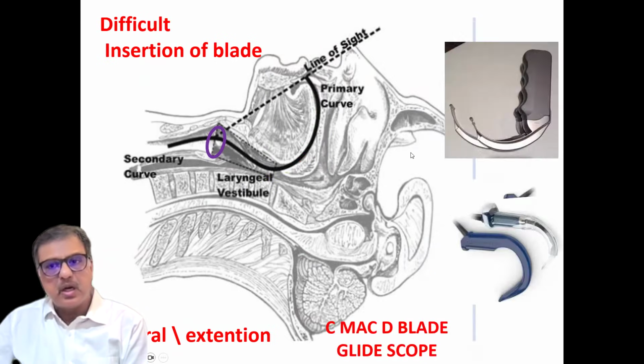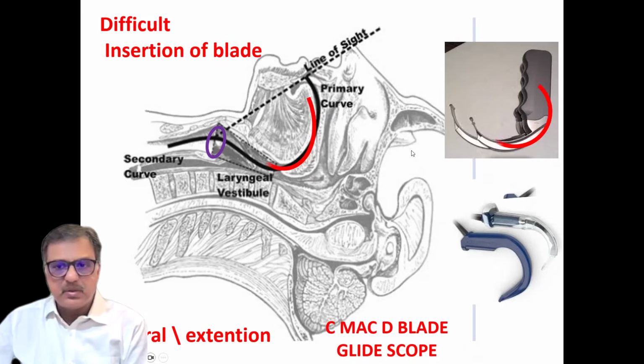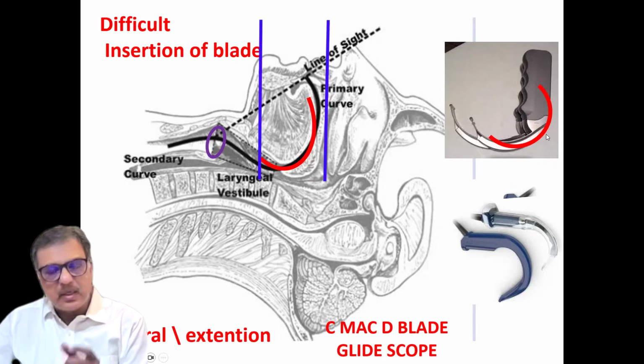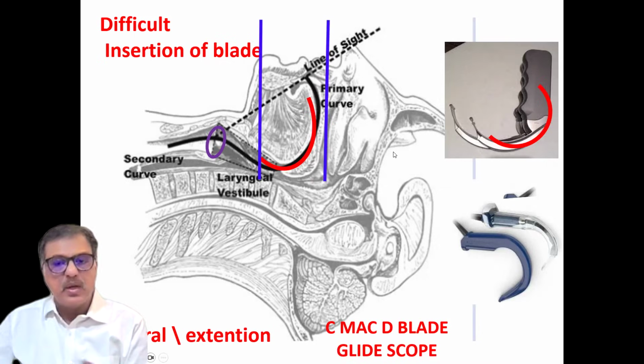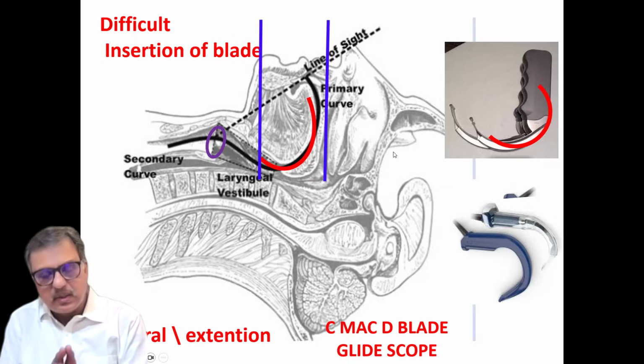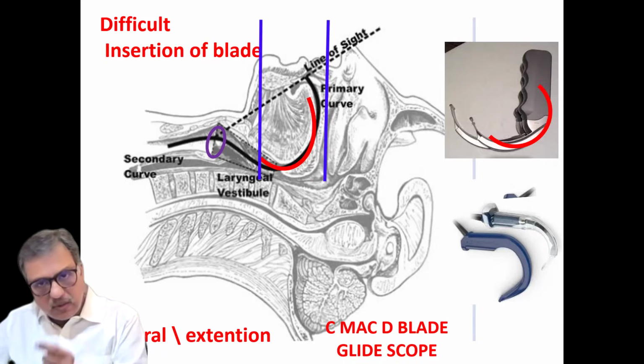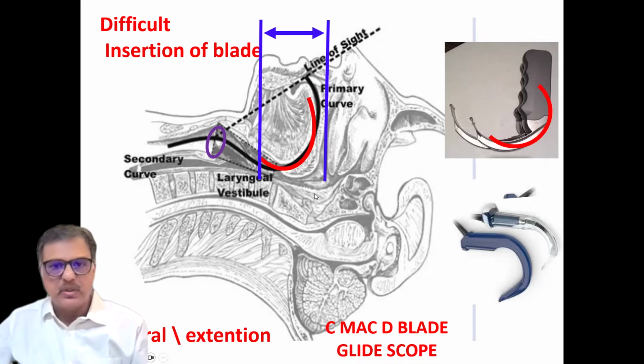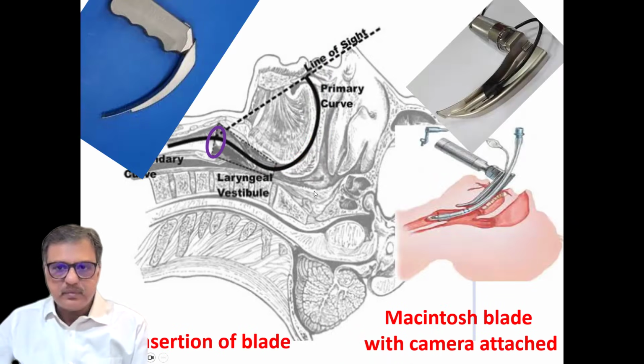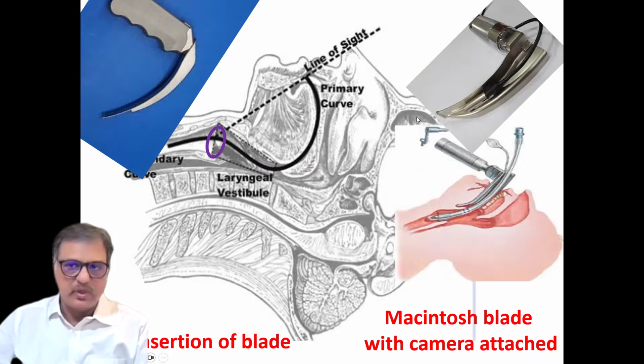And when you are using the hyperangulated blade, because the area from tip to curve is wider, that again creates a bit higher difficulty on inserting it, and that's the reason it has to be inserted into the midline, parallel to the hard palate, soft palate, and along the path of the oropharyngeal curve. So it's easy to insert a Macintosh type of videolaryngoscope.